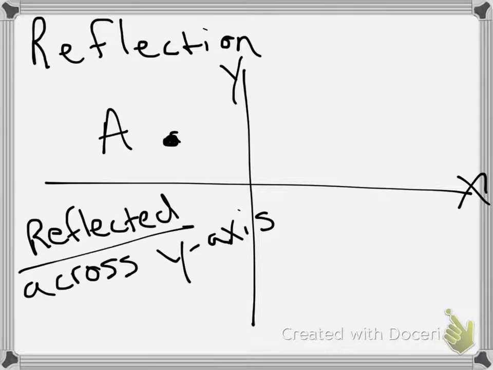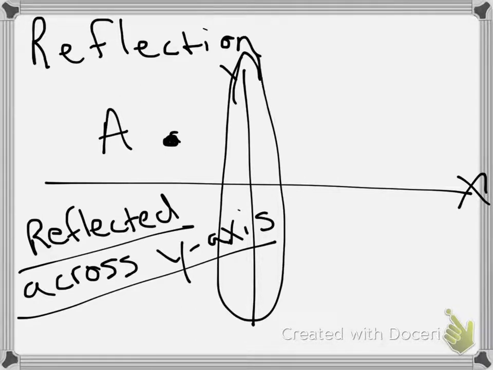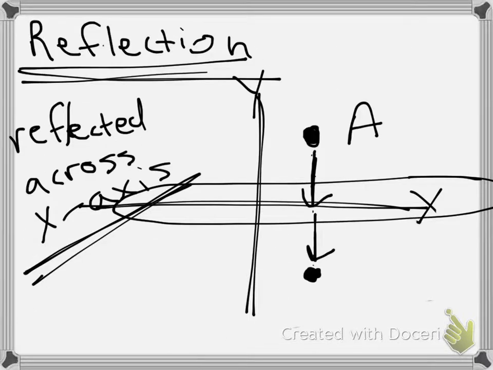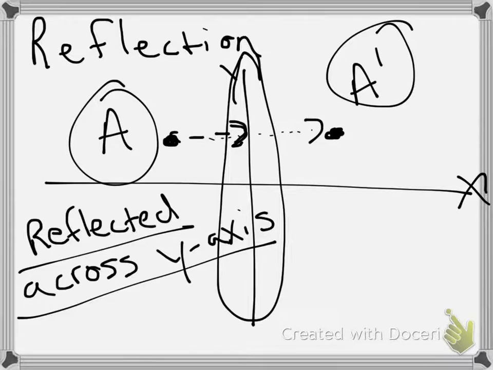It says reflected across the y-axis, so I look at my y-axis and count to where I'm at, then take that same distance and count away from it this way to find my new point of A prime. So A to A prime. That's across the x-axis and across the y-axis.